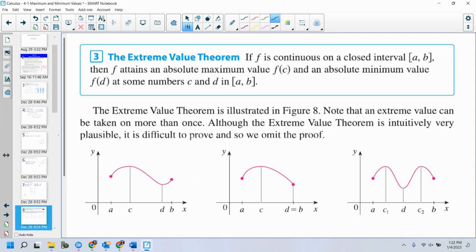All right. Let's talk about this thing called the extreme value theorem. This is going to lead us into a couple other theorems, but this first one basically says that if f is a continuous closed function, that's actually going to be the premise to a couple theorems. If f is closed and continuous, then it has an absolute maximum and minimum value somewhere along that line.